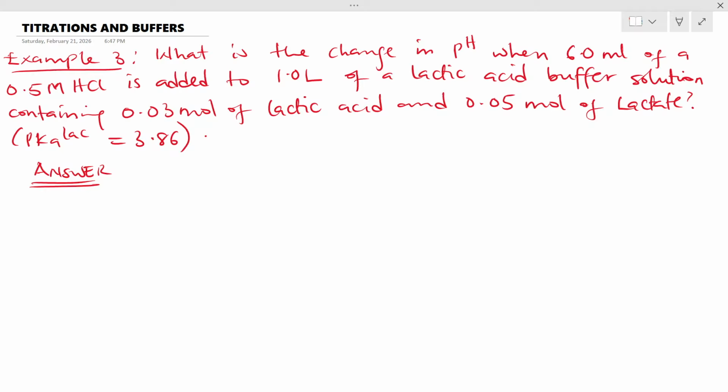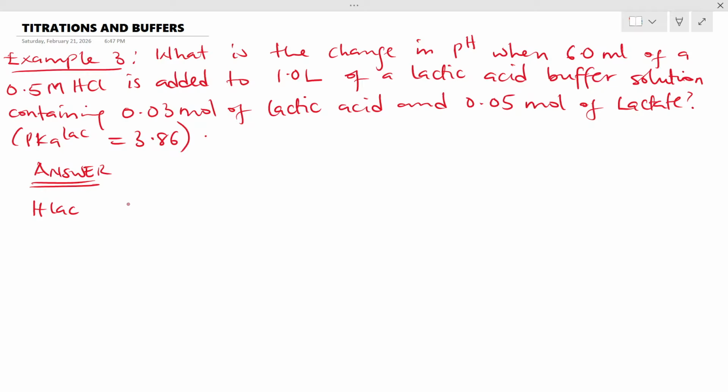First, you have to write out your equation so you know what is going on. In writing out the equation, we could use the following, which is H-lac, so H representing acid, lactic acid. So we represent lactic acid as H-lac.